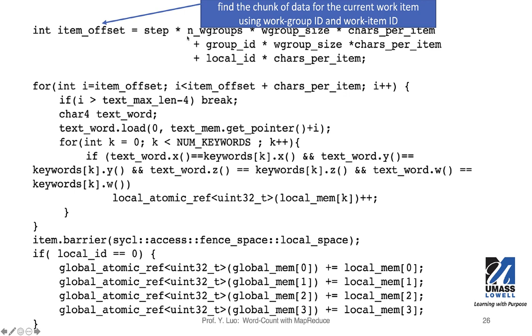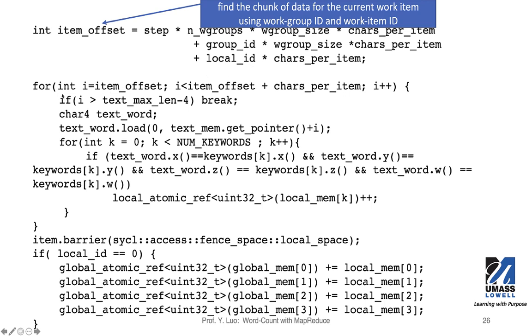So we're going to go through several steps, and within each step, that many characters will be processed. For the current step, we need to figure out the current group ID. In our case, it's simple because we only have one group, so this is always 0. And the local ID is the ID of the work item.